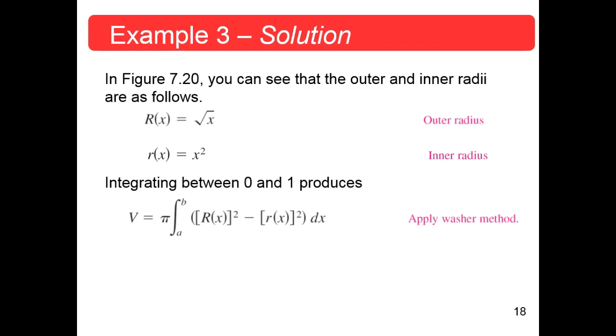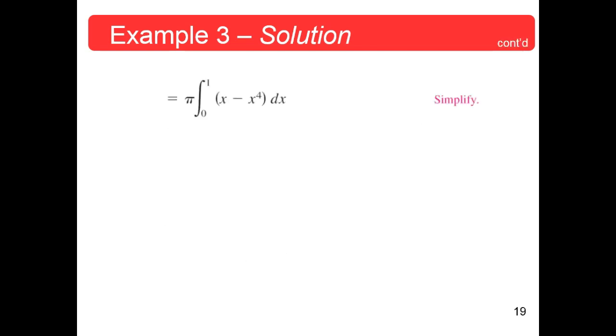Then that would be pi times the integral from 0 to 1 of capital R squared, which turns out to be x, minus little r squared, which is x squared squared, which is x to the fourth. So that's pi times the integral from 0 to 1 of x minus x to the fourth dx.